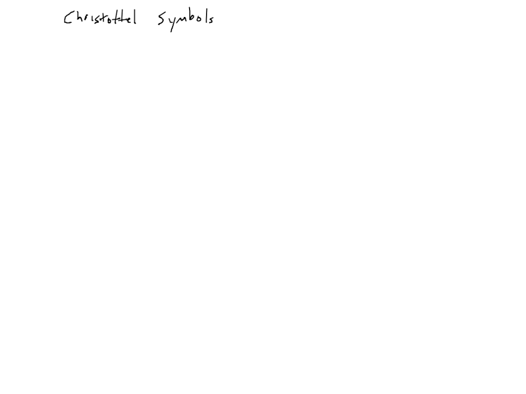So the idea here is that if I take the derivative of a scalar, then that is equal to taking the partial derivative of the scalar with respect to some coordinate times d of that coordinate, right? So what happens is that this term right here is a contravariant vector.